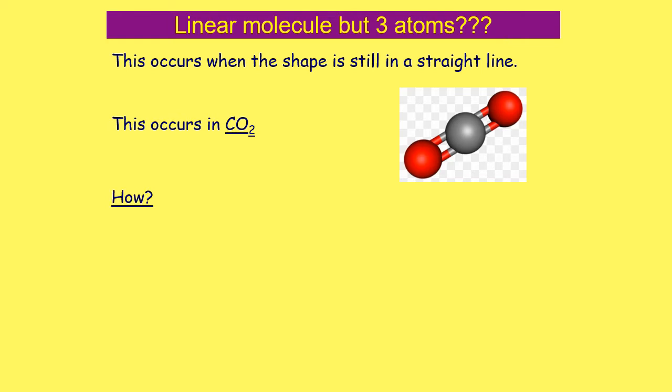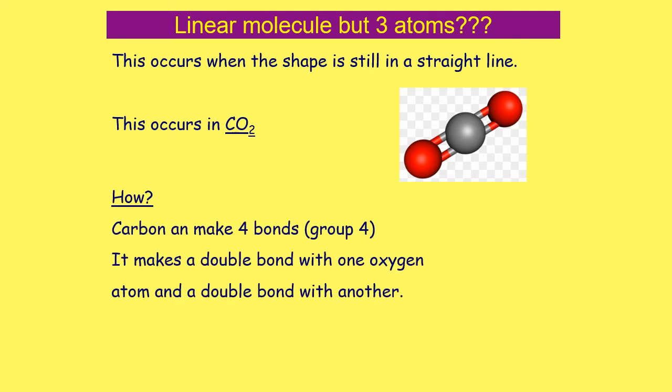So how does this happen? Well, carbon can make 4 bonds. It has 4 electrons in its outer shell, and it needs 8 electrons in its outer shell. So that means it needs to get 4 electrons from somewhere.